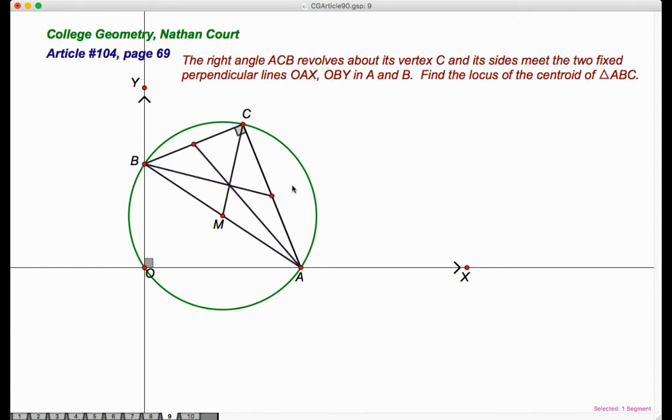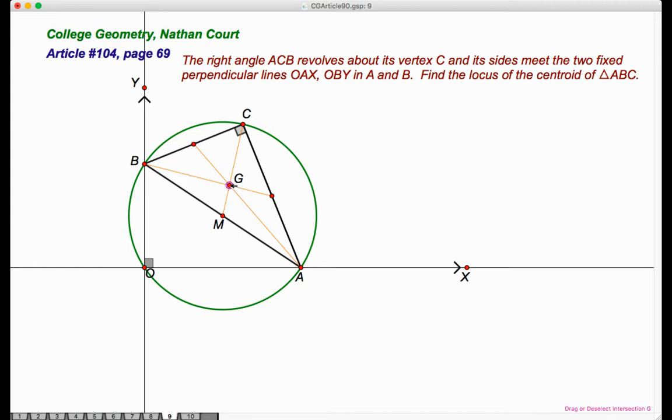And these are the three medians, and they all intersect at point G, which is the centroid. Let's change the colors and make this one thinner, and let's make it orange this time, and that's what it is. Okay, so what we want right now is to find the locus of G.